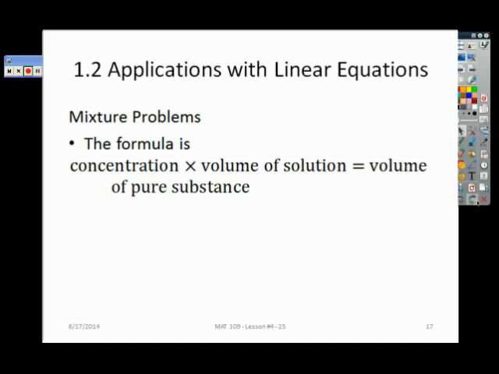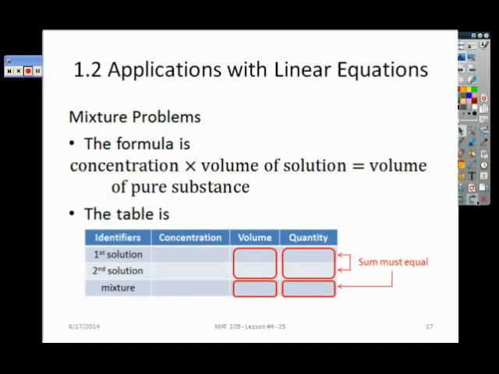The concentration, that's that percent, times how much you have. So you've got a solution of something at some concentration. You have a volume of that, so many gallons. The concentration times that number of gallons is how much of the pure substance you have. So we're going to make a table which uses concentration, volume, and I'm going to call it quantity.